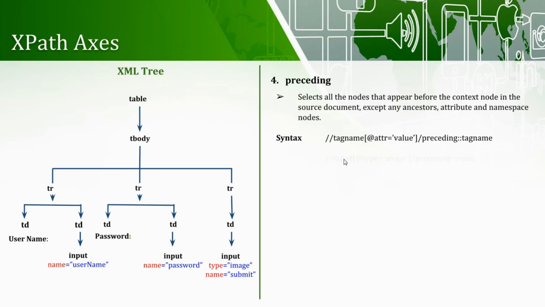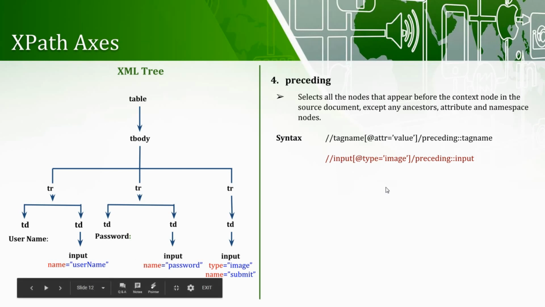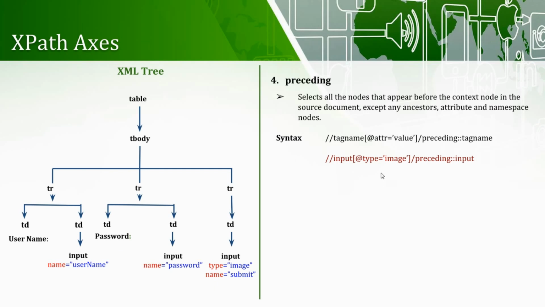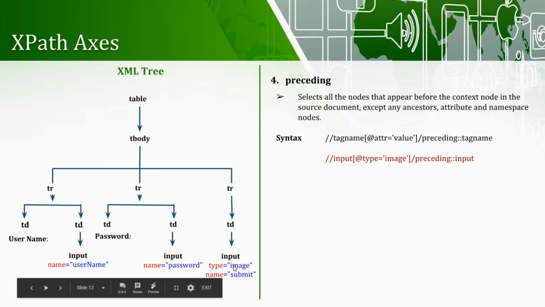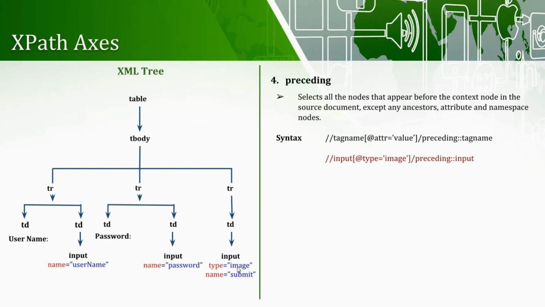Now let's consider an example where I'm saying input tag, directly input tag. I have three input tags and the condition is type equal to image. So I have this input whose type is equal to image. Now I'm saying /preceding. When I say preceding, it will select all these nodes that are highlighted as part of the output.